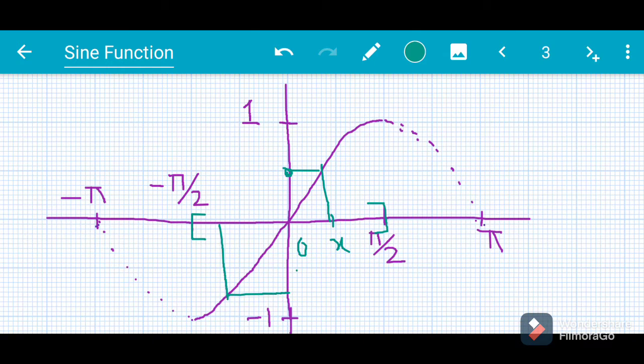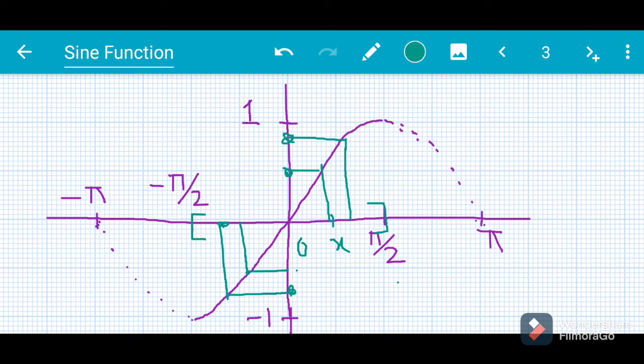If you take one point from 0 to pi by 2 and one from minus pi by 2 to 0, obviously their images are different. If I take two points from the same side, however close you pick the points, the resulting images are always different. Same thing in this part also.